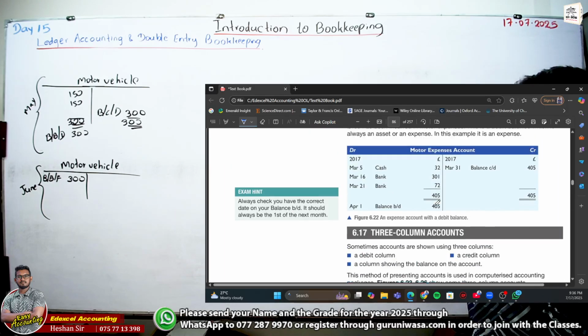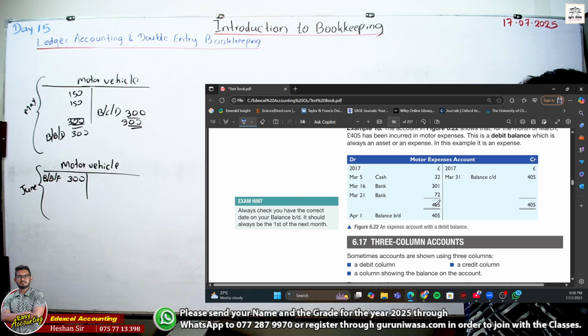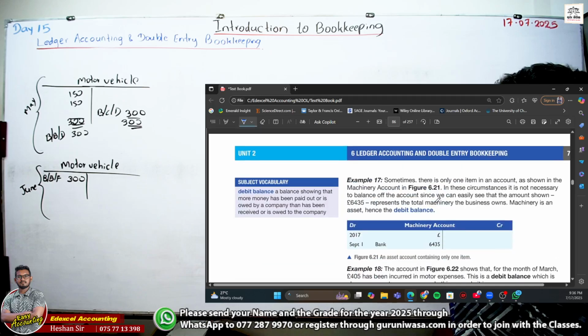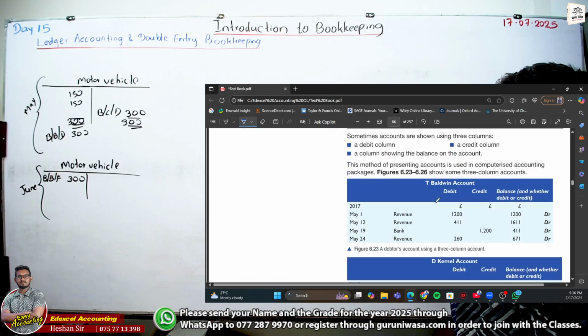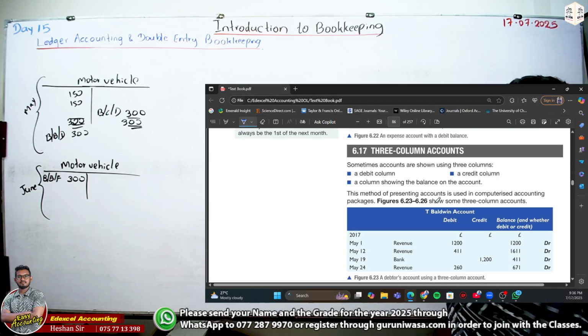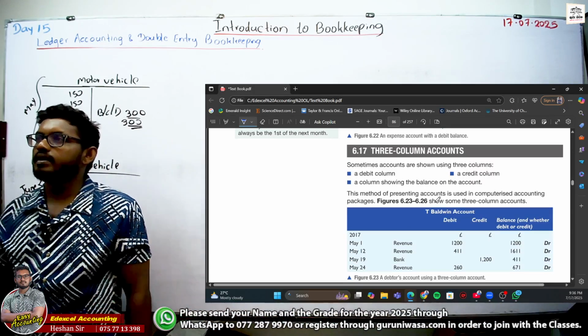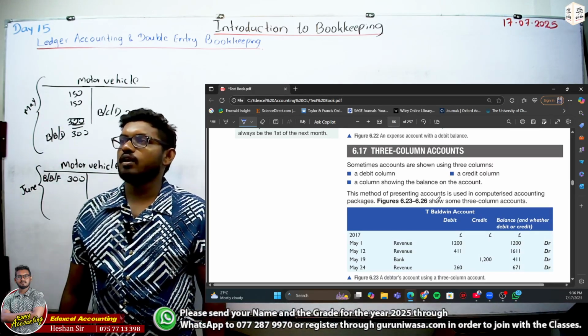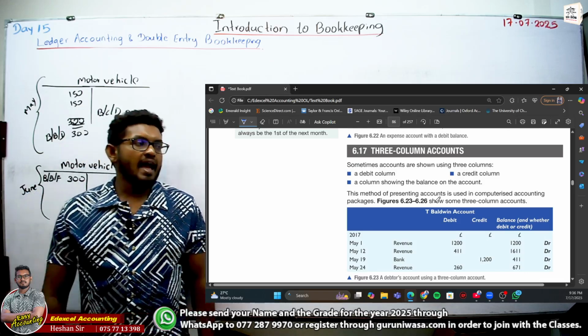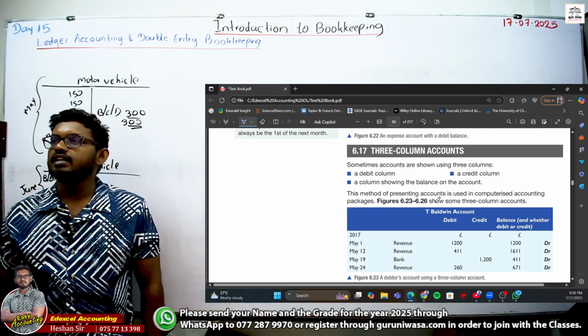Three column account. Some accounts are shown in three columns: a debit column, a credit column, and a balance. For example, in the bank statement also you can see credit, debit, balance.